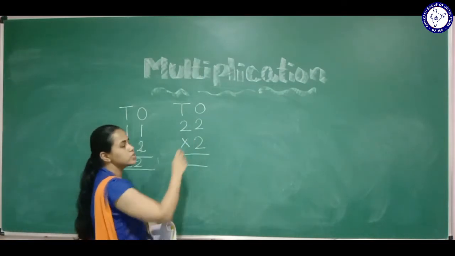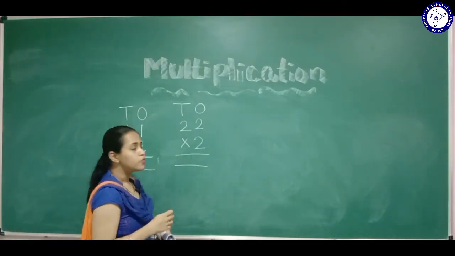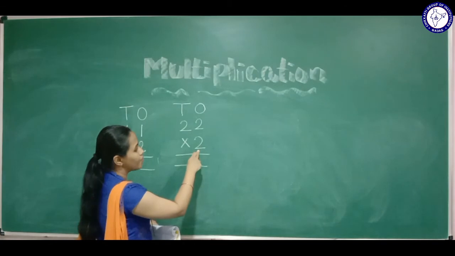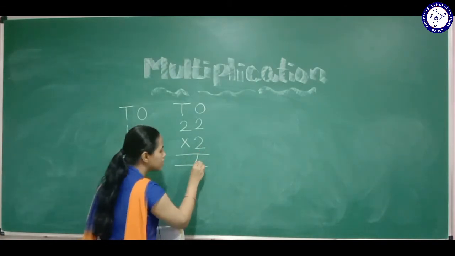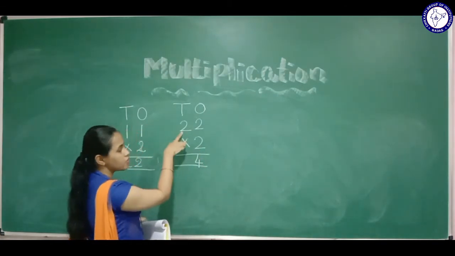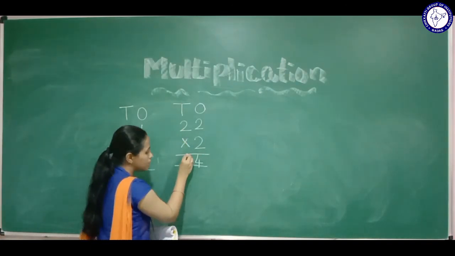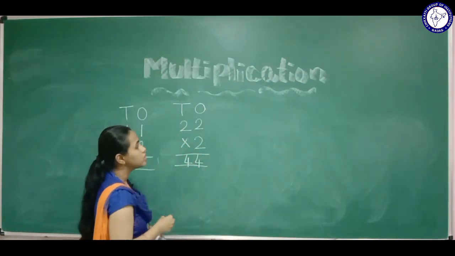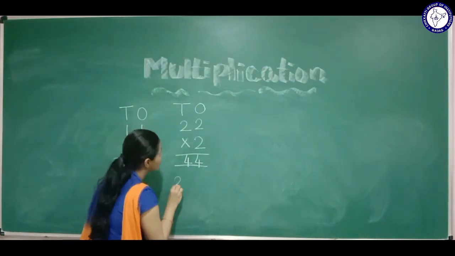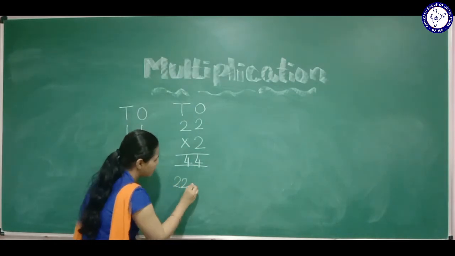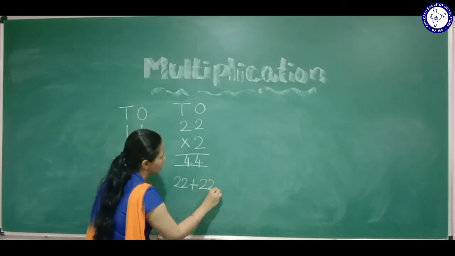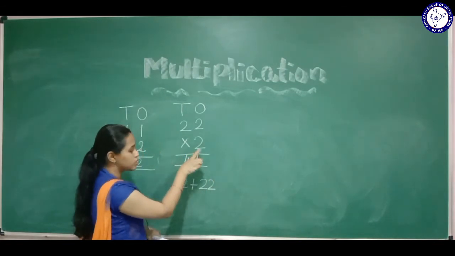2 into 2 is what? 4. 2 ones are 2, 2 twos are 4, right? So we got the answer, right? Even if you tried 22 plus 22, how many times? 2 times, right?